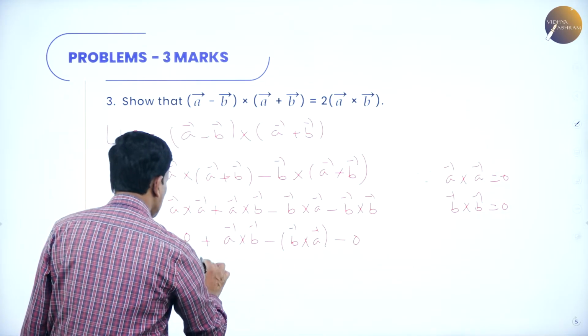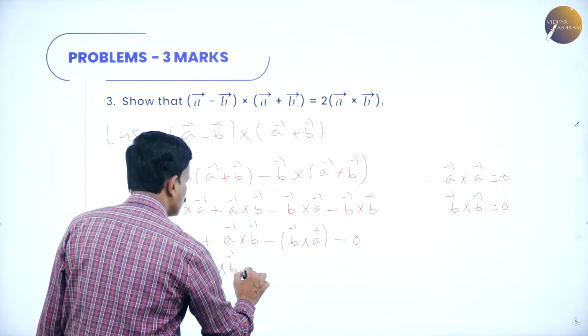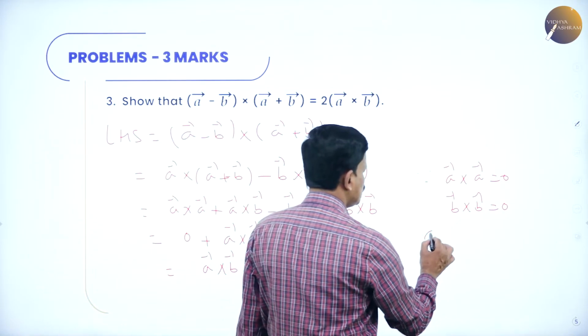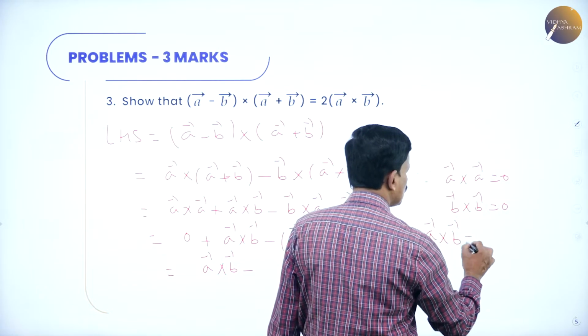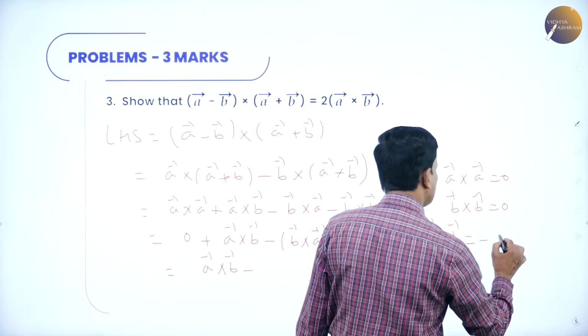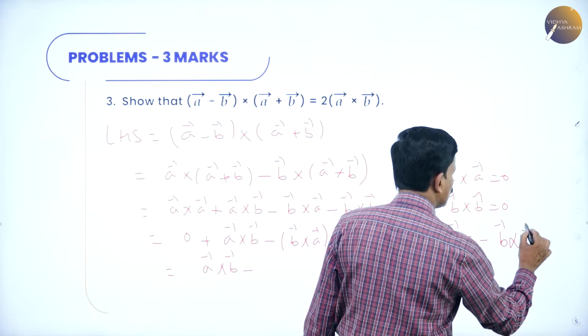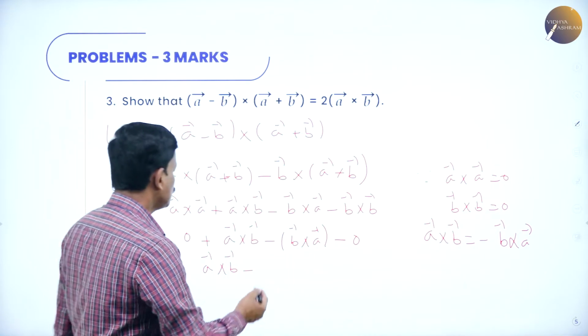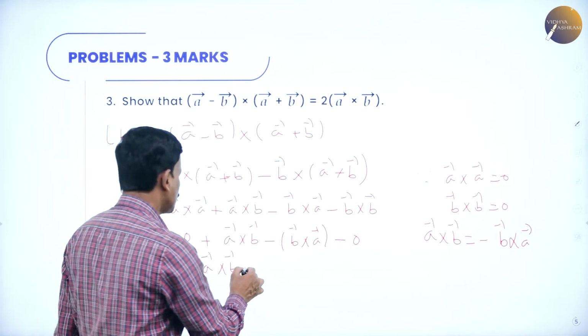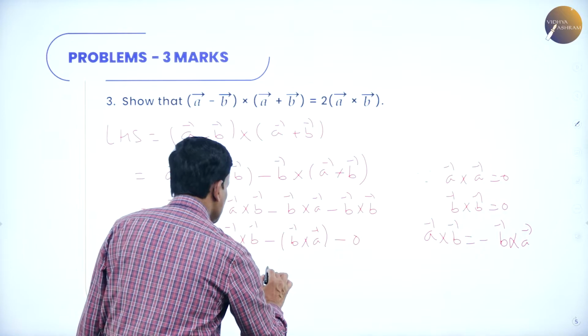So this is A cross B minus, since A cross B is also equal to minus of B cross A, minus of B cross A. So this minus B cross A can also be written as plus A cross B.